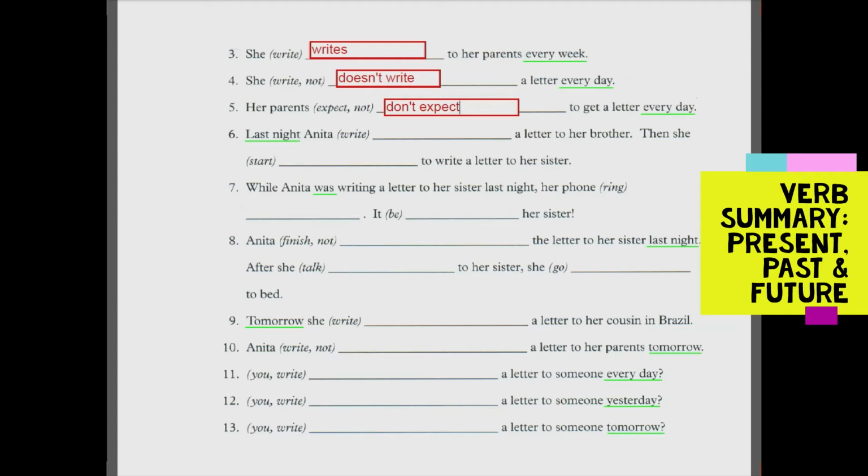And last night, Anita, because last night is a past time, so we use a past verb. Anita wrote, then she started to write a letter to her sister. While Anita was writing a letter to her sister last night, her phone rang.